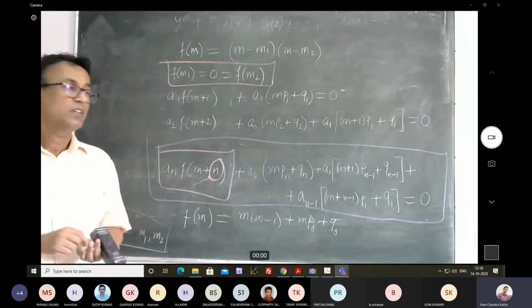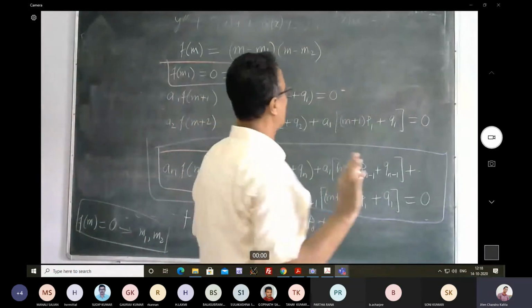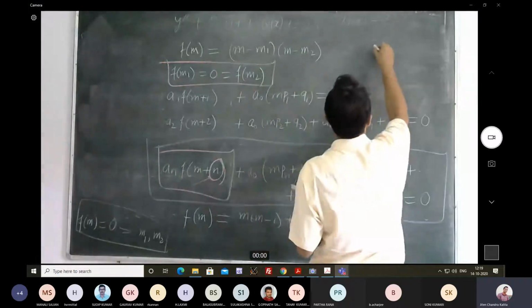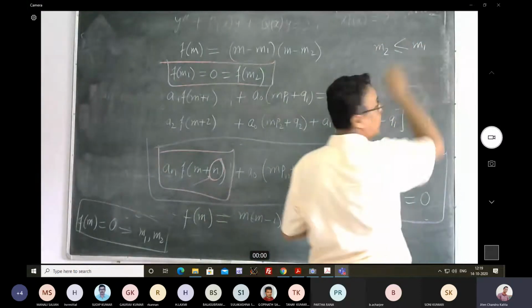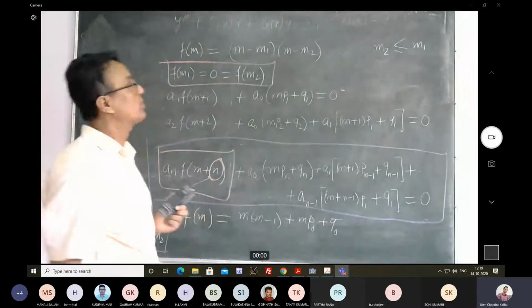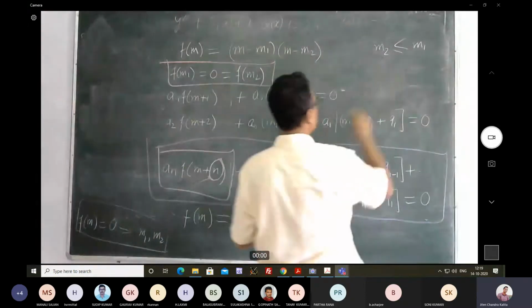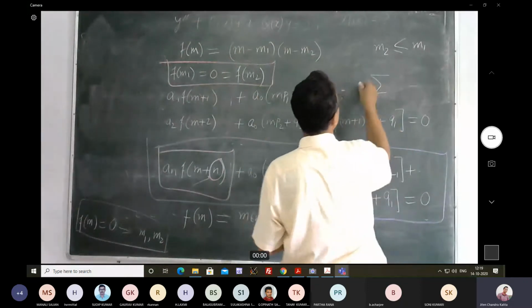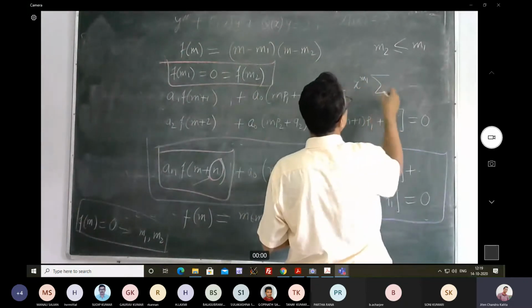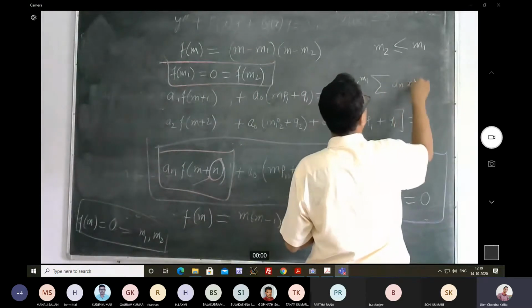Okay, fine. So now what is going to happen? Suppose, let me assume that m2 is less than or equal to m1. Suppose we have already found out the series solution corresponding to m1 in the form something like a n x to the power n.